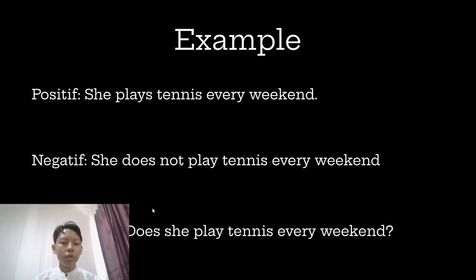And the last is interrogative. There is do or does, and the second is she, the subject, and there is play for the verb one, and the last is complement.